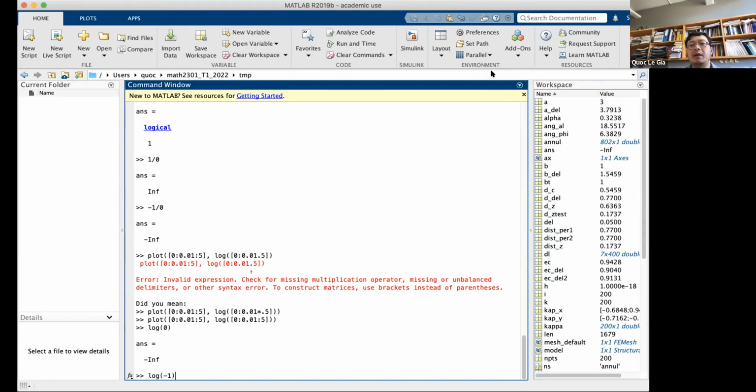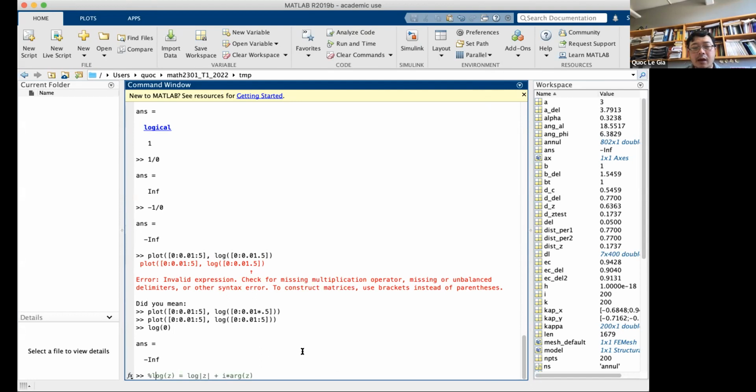Let me give you the formula for a complex number logarithm: logarithm of z is logarithm of the absolute value of z, the modulus of z, where z is a complex number, plus i times the argument of z.